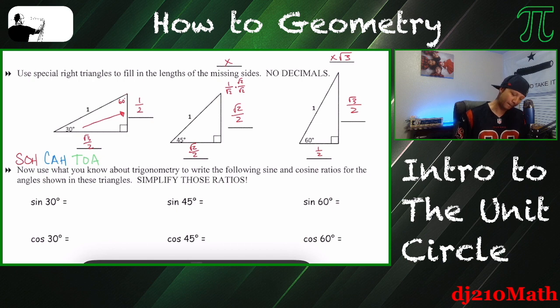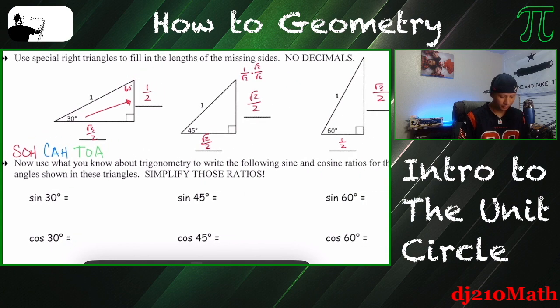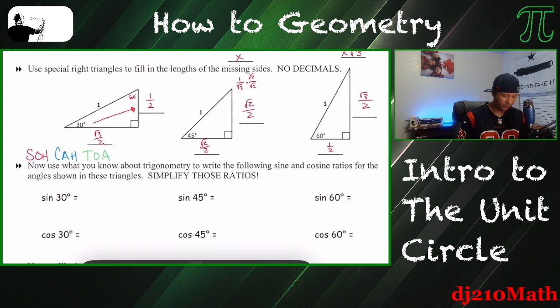So, SOH, sine of 30. Sine is the opposite side over the hypotenuse side. Looking at the three examples, here's 30. So the sine of 30 is going to be the opposite, which is 1/2, over the hypotenuse, which is 1.